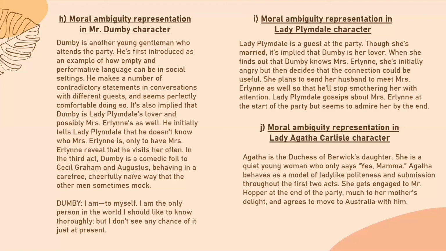Agatha behaves as a model of ladylike politeness and submission throughout the first two acts. She gets engaged to Mr. Hopper at the end of the party, much to her mother's delight, and agrees to move to Australia with him.